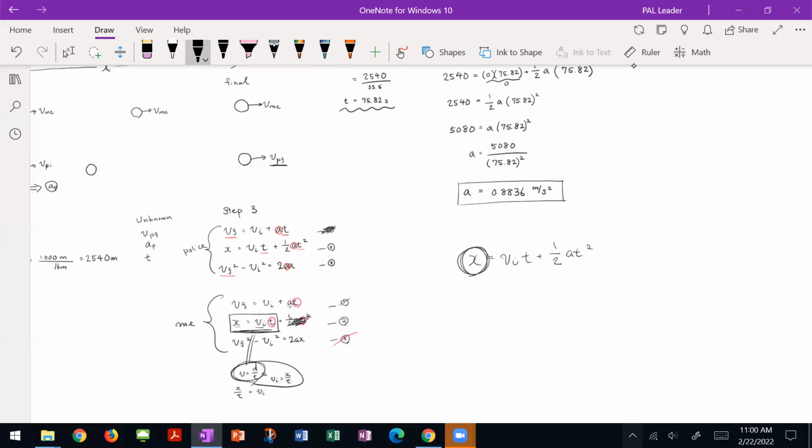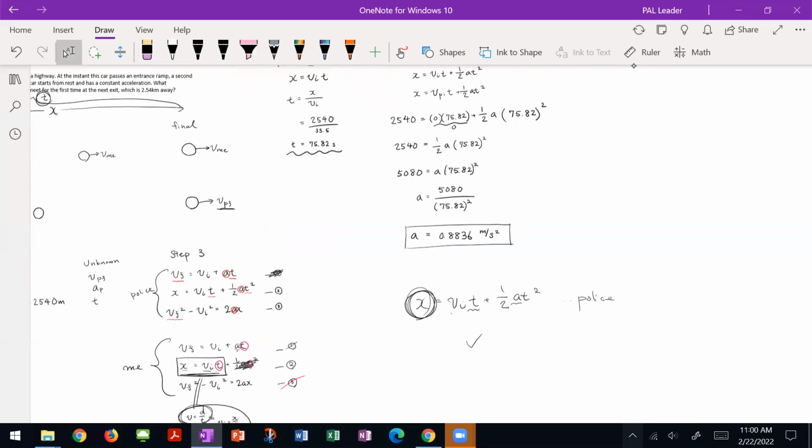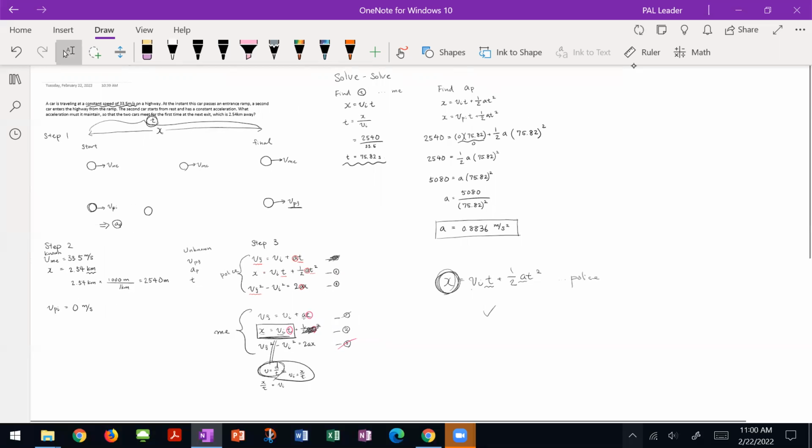We know the answer, but let's put in the values for t and a for the police car. And if you get 2,540, that means you are correct. That's just one way to check it. I'm not going to do that right now. If you want to, go ahead and do that. But that is how you solve this problem.